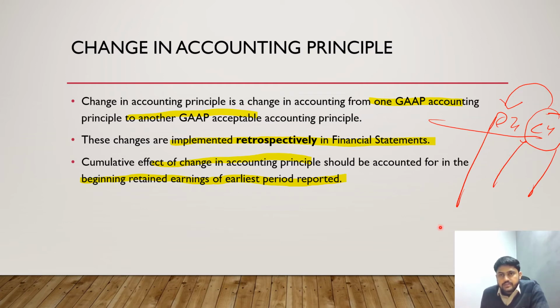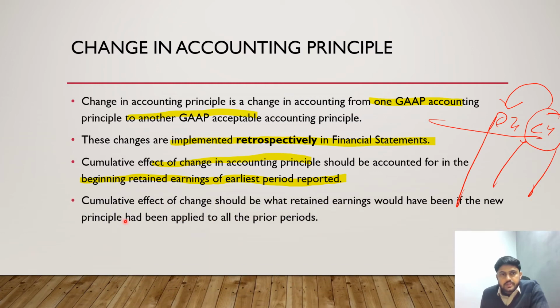It is the previous year, and there also you will show the effect of the change in the beginning retained earnings, so that the effect looks like it was implemented in all the prior years. And in case only the current year's financial statements are shown, then you will only change the opening retained earnings balance for the current year.